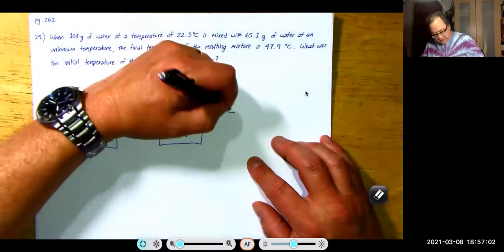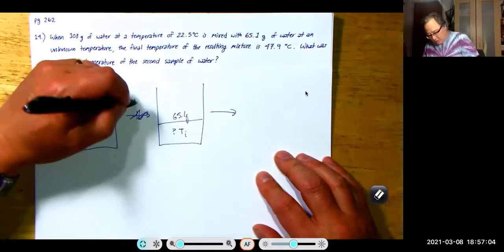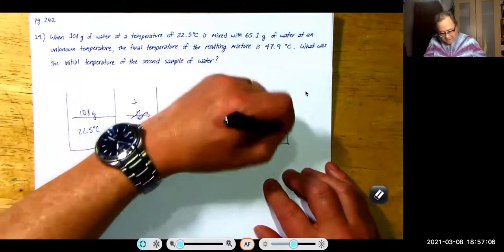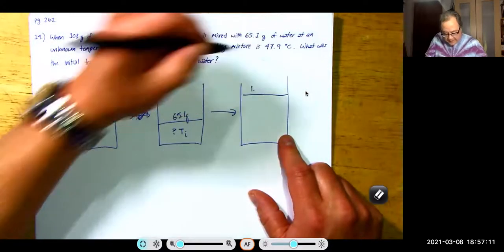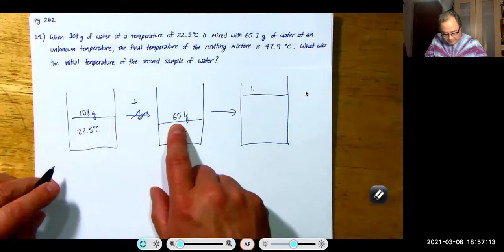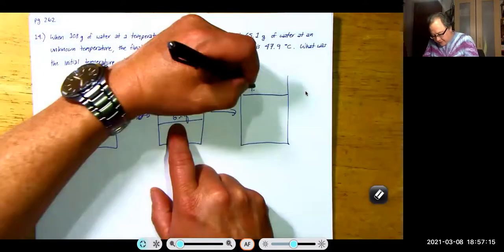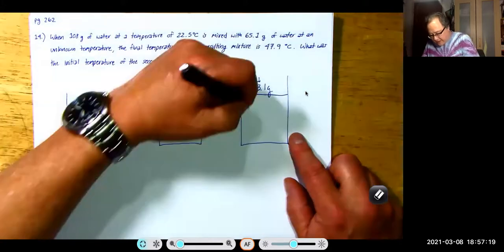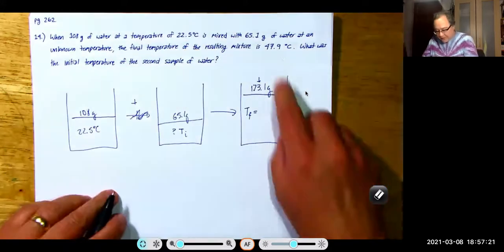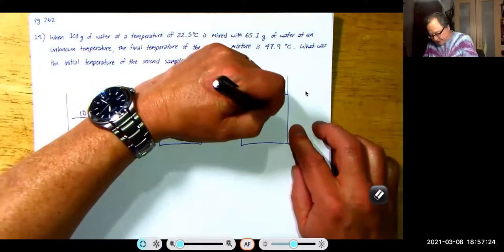And when we're done, we're going to have 173.1 grams total. And T final is equal to 47.9 degrees Celsius.